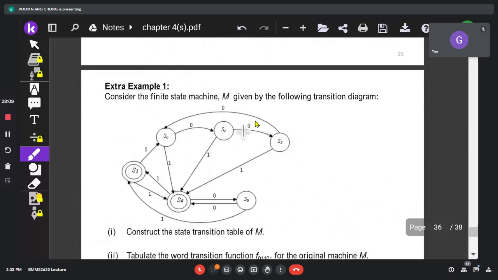Now we will divide into acceptance and non-acceptance states. So S0, 1, 2, 5, and S3 and S4. So this one, the table. Copy to the Jamboard or not, this question? Just copy the diagram.